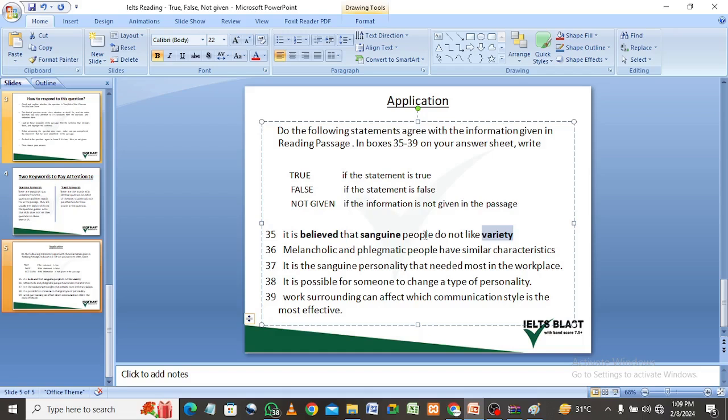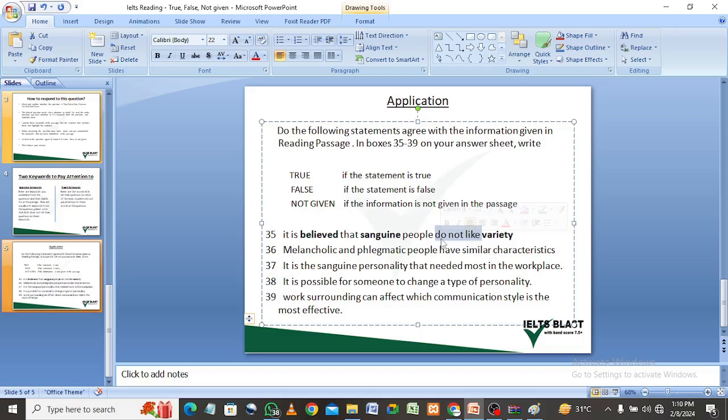Now, with these keywords, IELTS will not set the question. The target keyword here is do not like. This is where they set their question on, and this is what you have to look out for.